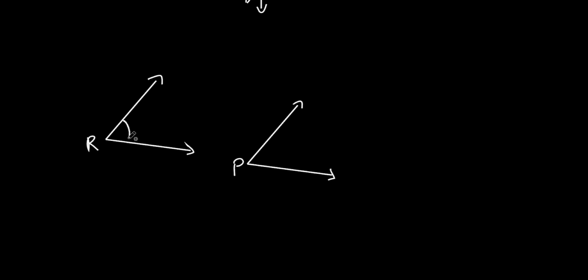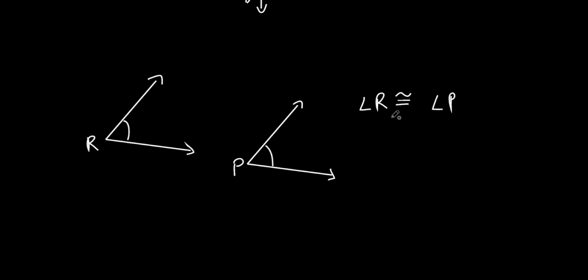For angles, if I put this little arc right here and another little single arc right there, that tells me that both of these angles have the same exact measurement. So that means angle R is what to angle P? Congruent. How do we show congruent? An equal sign with a little squiggle on top. That means angle R is congruent to angle P.